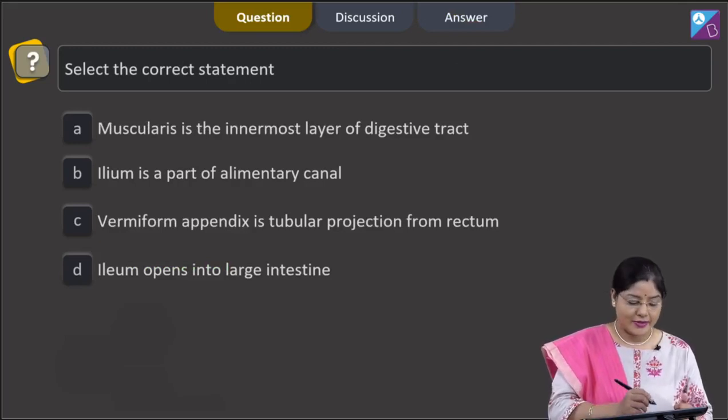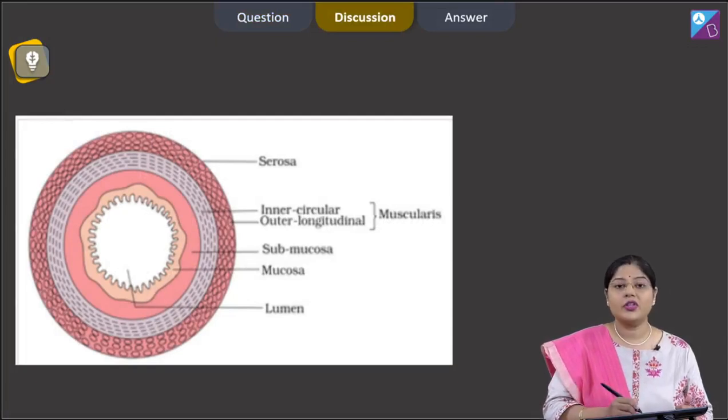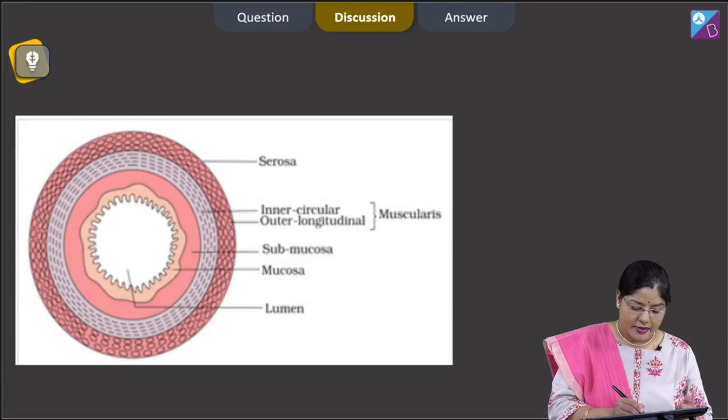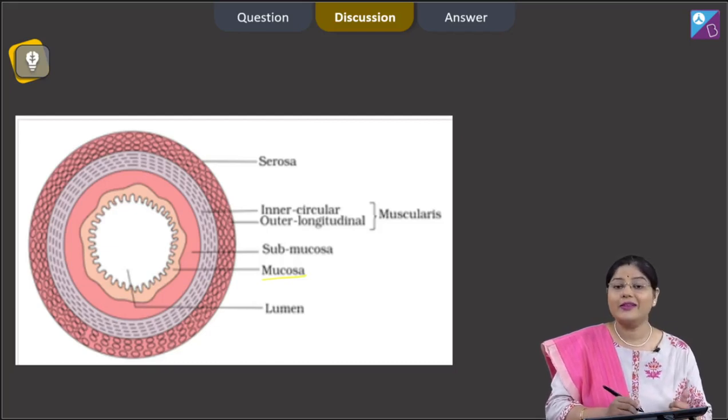Question states that select the correct statement, and the options given are first option, muscularis is the innermost layer of digestive tract. This is incorrect. This is a cross section of alimentary canal, and the innermost layer is mucosa. Then next is the submucosa, next is muscularis, and then next is serosa.